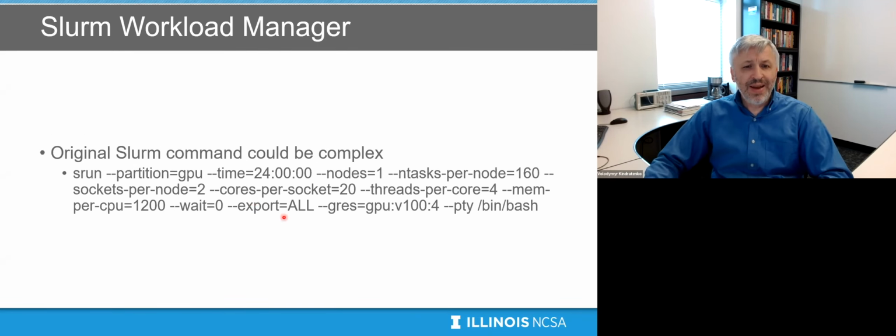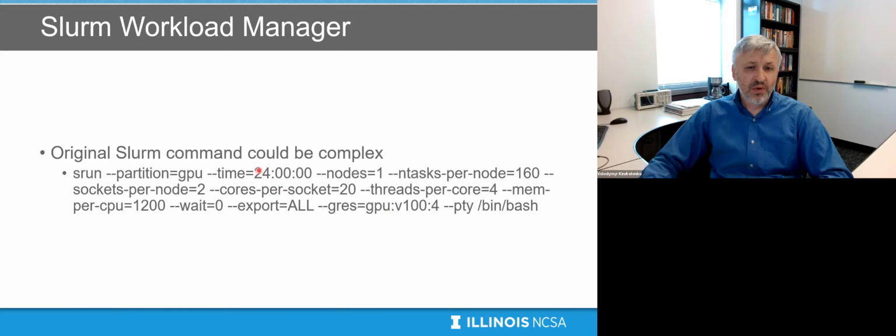Now, requesting a resource in our system can be a rather complex task. This is a typical command line to request 4 GPUs, basically the entire node. You have to specify that you want to use the GPUs. You have to specify how many GPUs and what kind, so V100 of them.